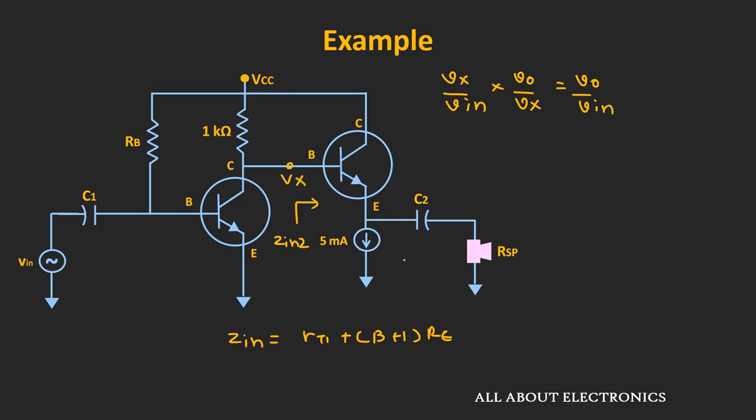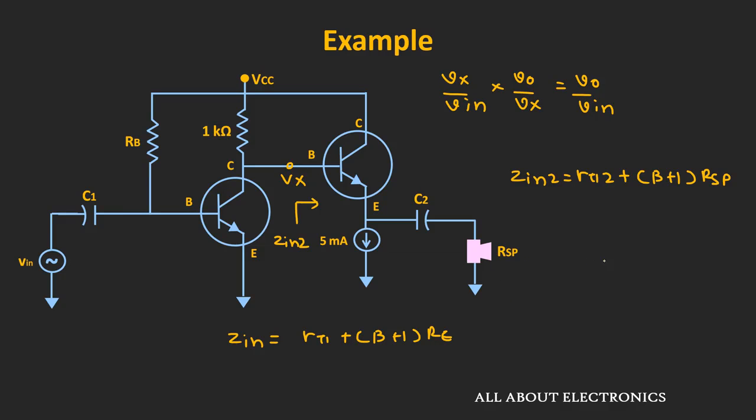And for the AC signal, this current source will act as an open circuit. Apart from that, this coupling capacitor will also act as a short circuit. That means between the emitter and the ground terminal there is a load of 8 ohm. That means in this case the expression of the input impedance can be given as r_pi2 plus (beta plus 1) times RSP, where RSP is the impedance of the speaker.